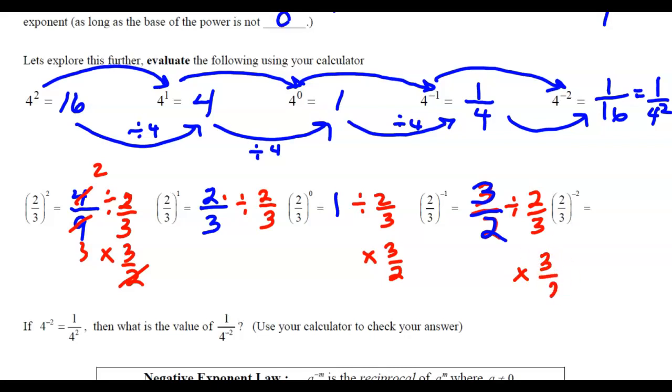Well, 3 times 3 is 9. 2 times 2 is 4. So that's the same as 3/2 squared.